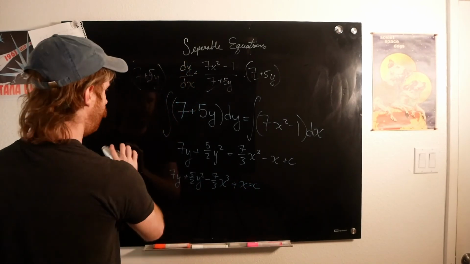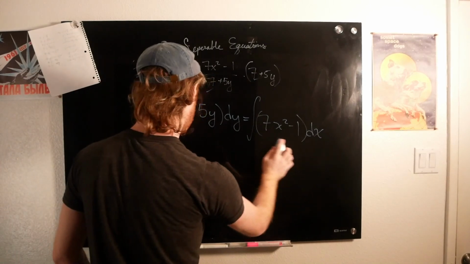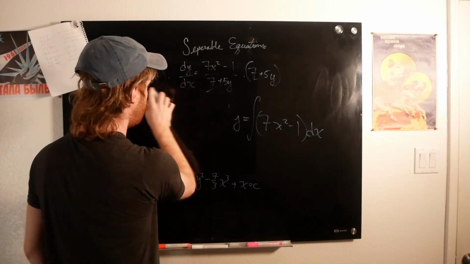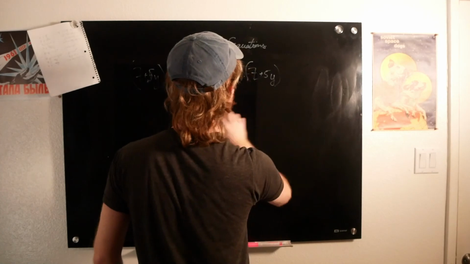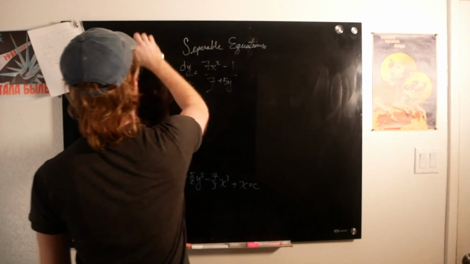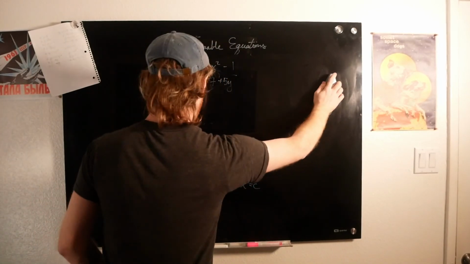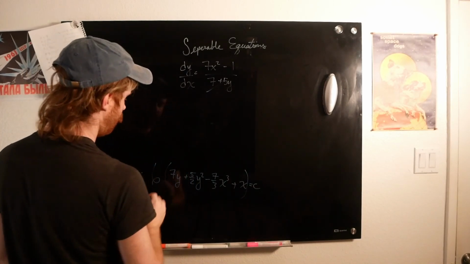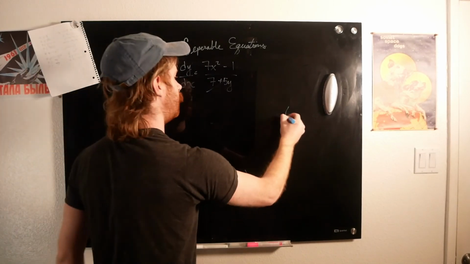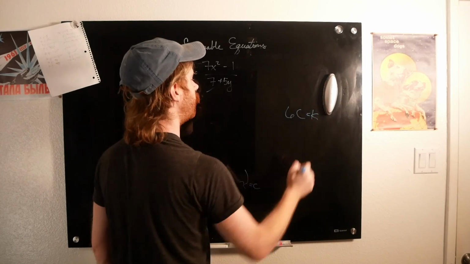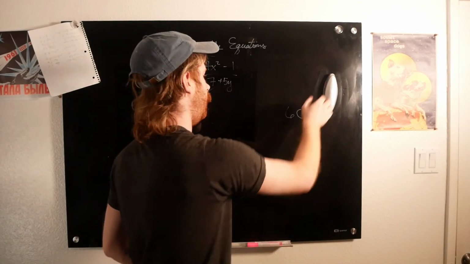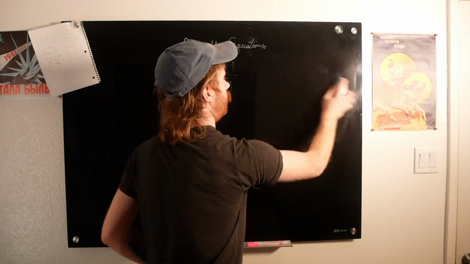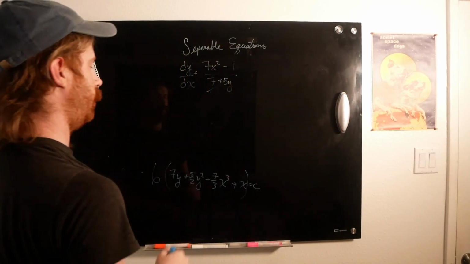I'm going to copy that up here. So now we can multiply this whole thing by 6. Remember, 6c just equals some other constant k. We're not worried about it right now.